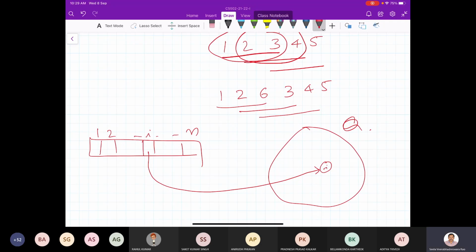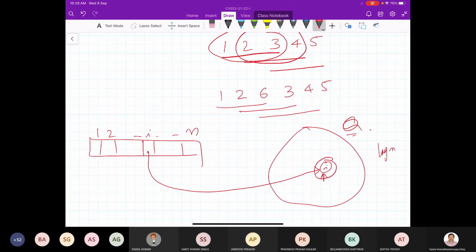Using this pointer, we can go directly to this node, and we can reduce this key value. Once you reduce the key value, you can rearrange this priority queue accordingly and make it a priority queue again. That you can do in logarithmic time.